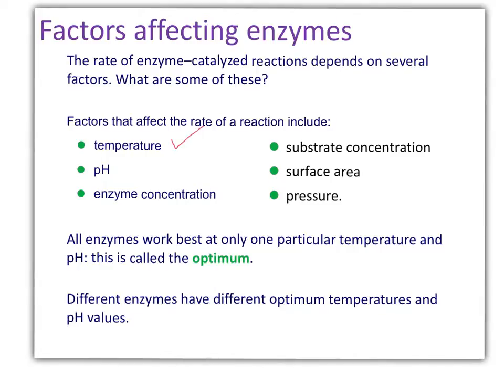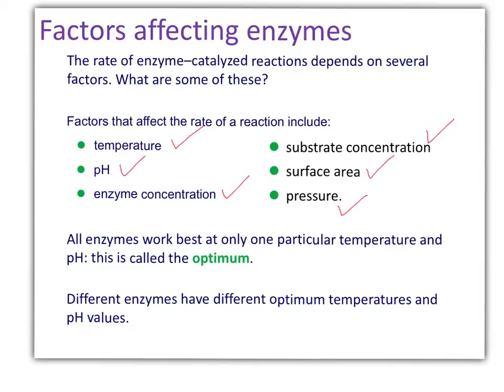So we have temperature, pH, the concentration of enzyme, the concentration of substrate, the surface area and the pressure. Now, enzymes tend to work best at a particular temperature and a particular pH. This is their optimum temperature, okay? This is where they might break down the most amount of product in a given time.